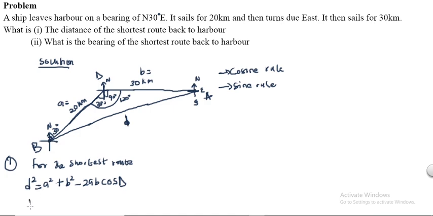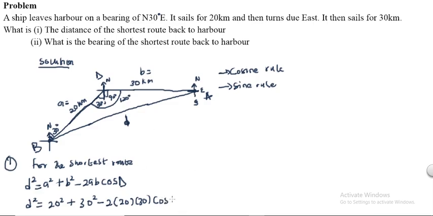Now we know that the distance square is equal to A square, from what we know is 20 square, plus B square, which is 30 square from what we see here, minus 2 open bracket 20 times 30 cosine the angle opposite D, the distance D, which is 120 degrees.